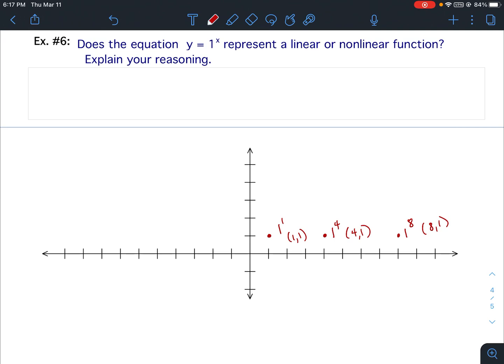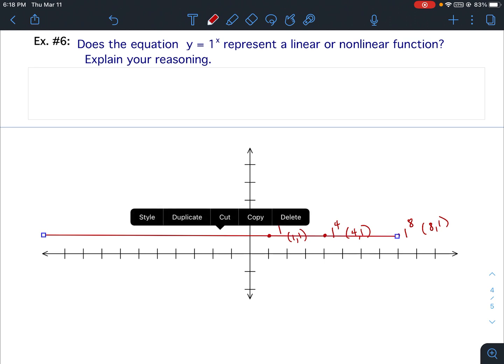In the end, you're still going to get y equals 1. If I connect all those points, it's not the best job, but you get the point. I have a horizontal line going through the y-axis at 1. So I have the horizontal line y equals 1.